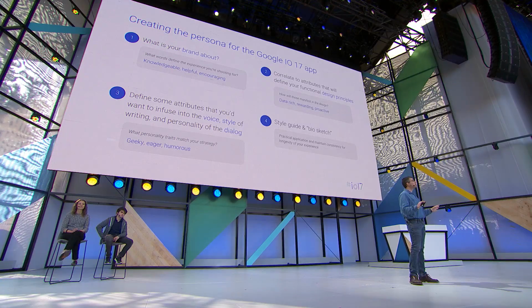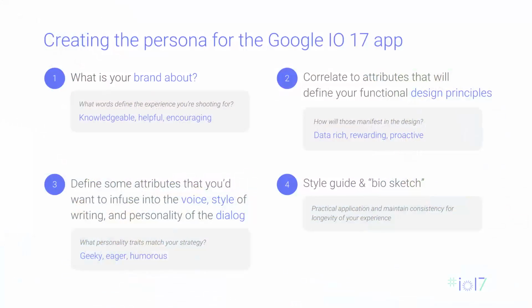We looked at all of our assistant apps and we found out the element that they had in common, the ones that got the most retention, is they had a really strong persona. And so we wanted to build that for our app. So what we did is we actually thought about you, what you might want out of the app. We benefited from having a marketing team that we could work with, but you don't need a marketing team, and really sat down and understood the brand attributes and the design principles.